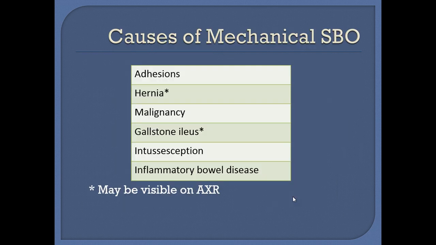What are the causes of mechanical small bowel obstruction? Adhesions on the top, then hernia, malignancy, gallstone ileus, intussusception, and inflammatory bowel disease. They are usually seen on the X-rays.